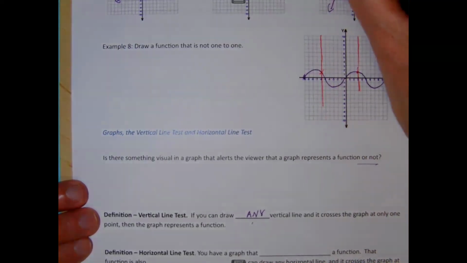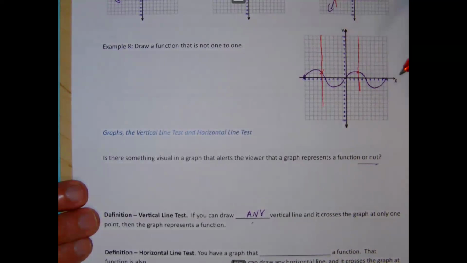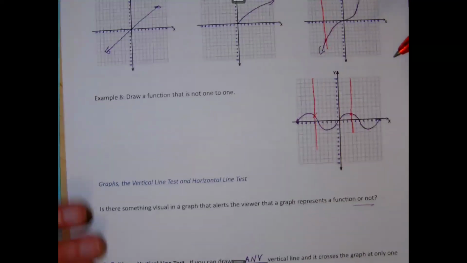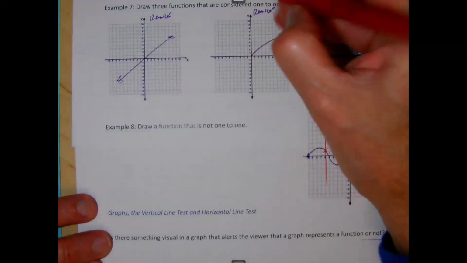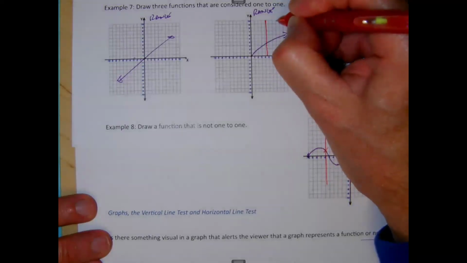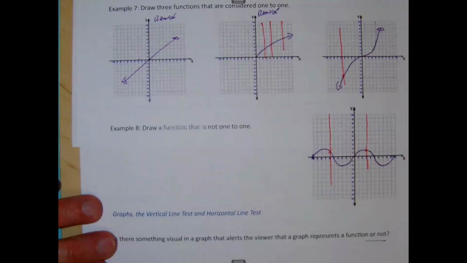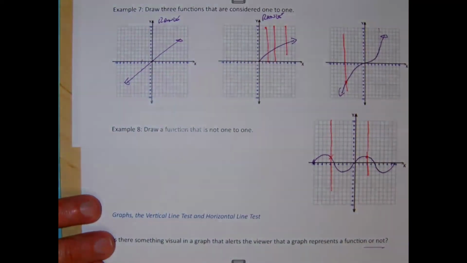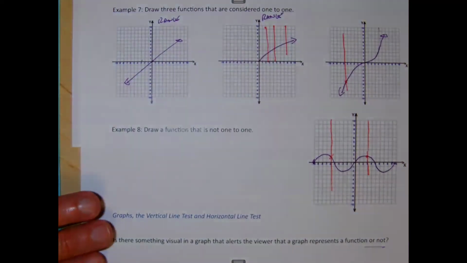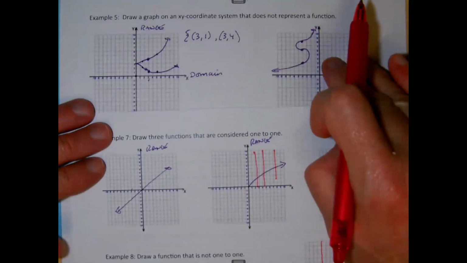What about here? The same thing. Imagine picking any vertical line, going down, and boom, I only hit the graph once. Over here, draw any vertical line, once. Okay. What about these graphs that we said were not functions?